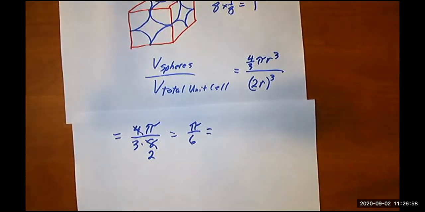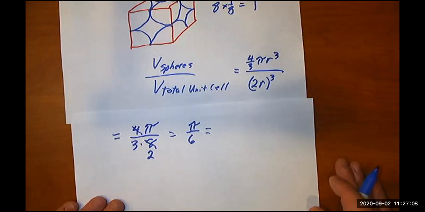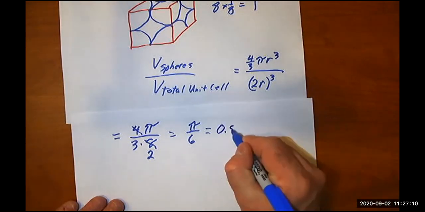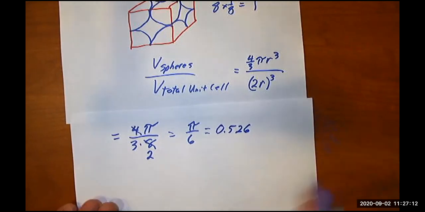And so what is pi over 6? If somebody has a calculator. 0.526. So 52.6% of the unit cell is taken up by the spheres.